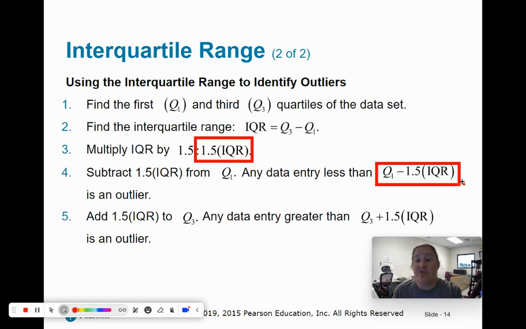Then you subtract and add that amount to your first quartile and third quartile, respectively. If you see any values outside of those boundaries, those are your outliers.